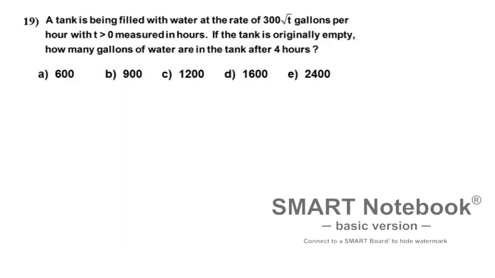Let's go on to 19. A tank is being filled with water at the rate of 300 square root of t gallons per hour, with t greater than 0 measured in hours.